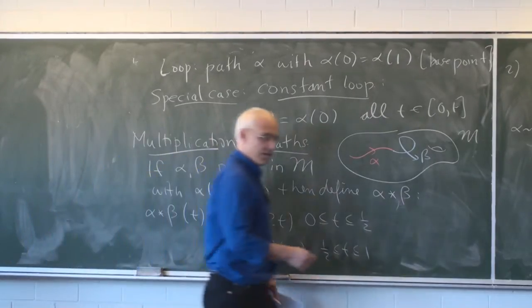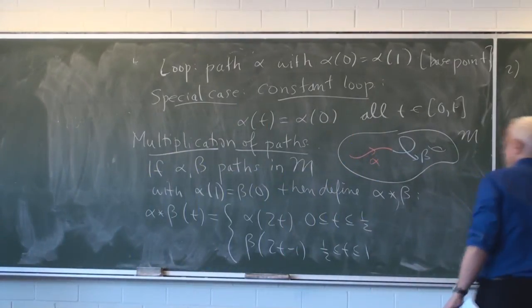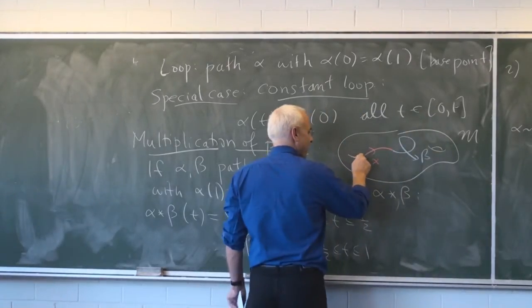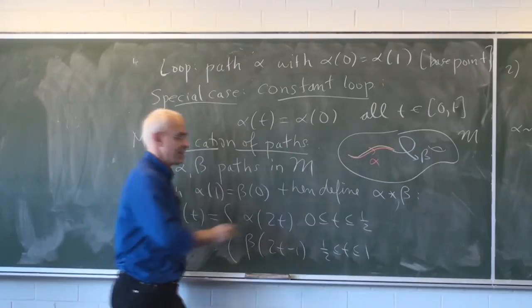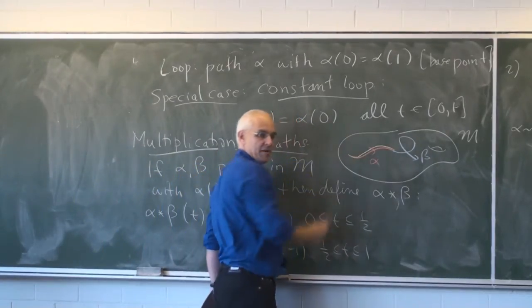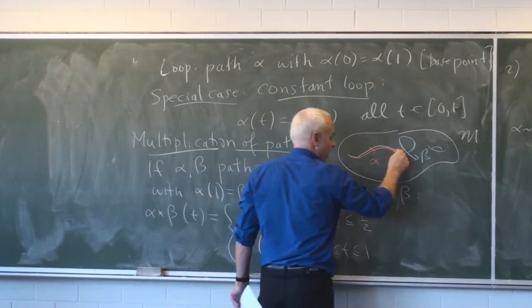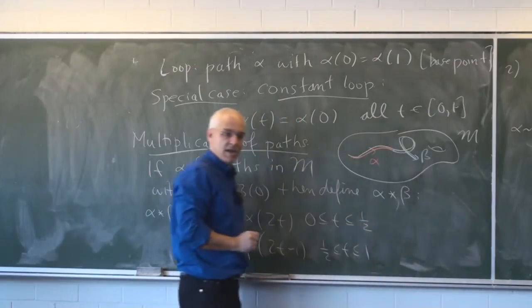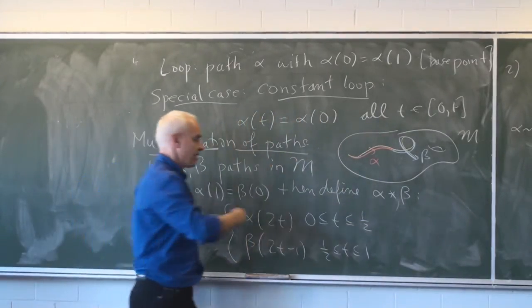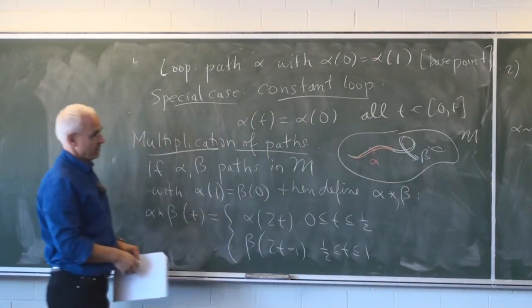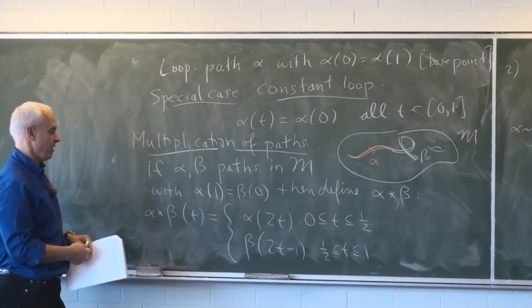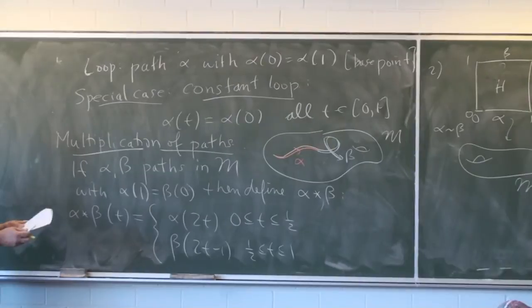So this is a new path that's going twice as fast over the alpha part. It doesn't take 1 to get there. It goes there in a half. And then it goes twice as fast along the beta part. So still in the interval 0 to 1, it manages to go across that entire combined path. And we call that the product of the paths.